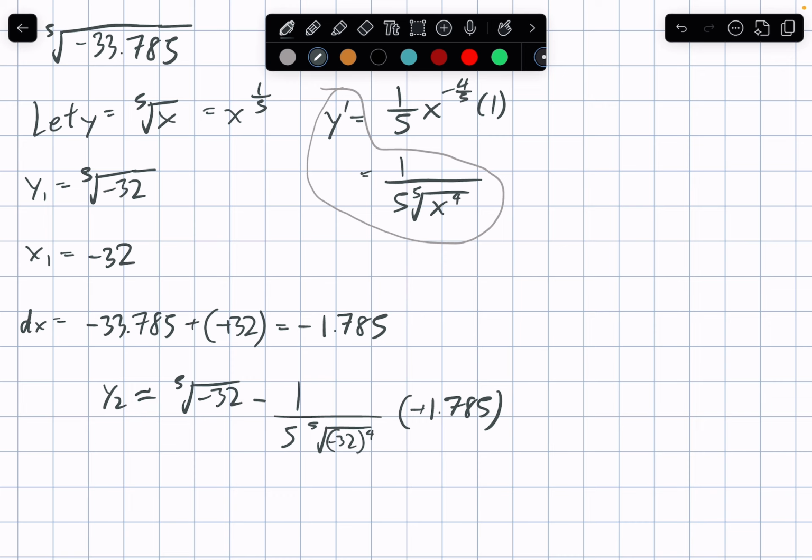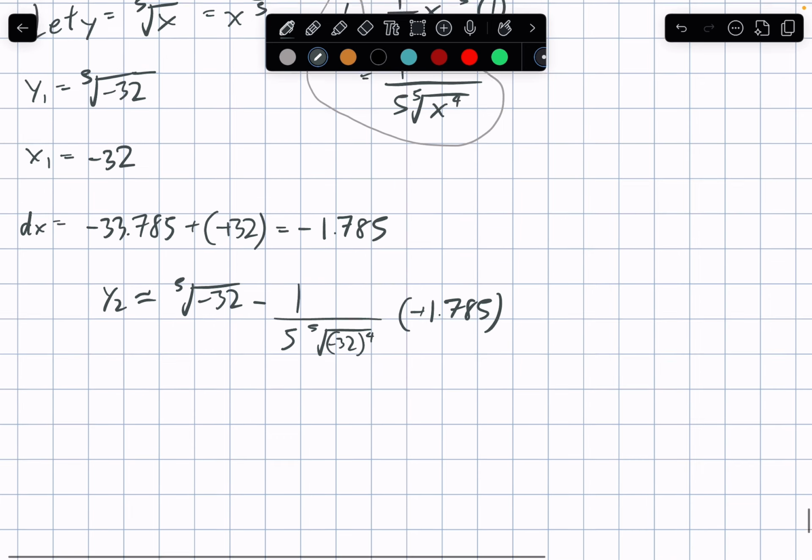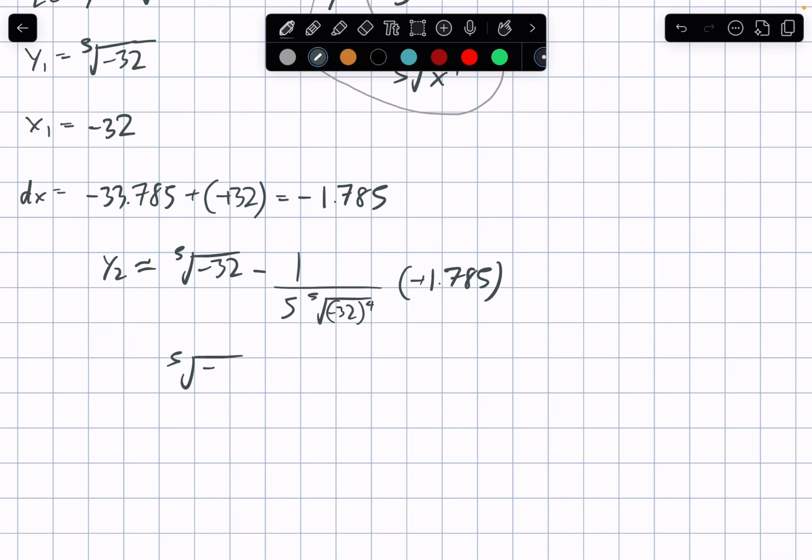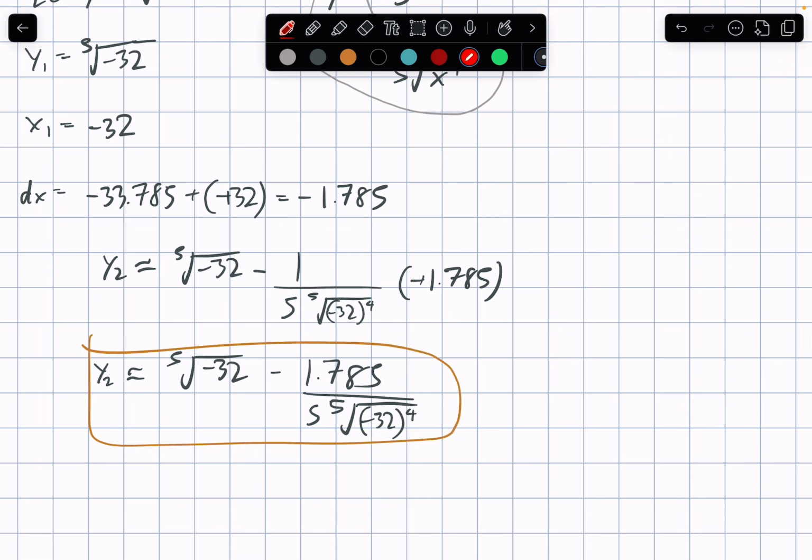Make this plus, put a minus sign here. Further, our answer is going to look like this. Okay, that's it.